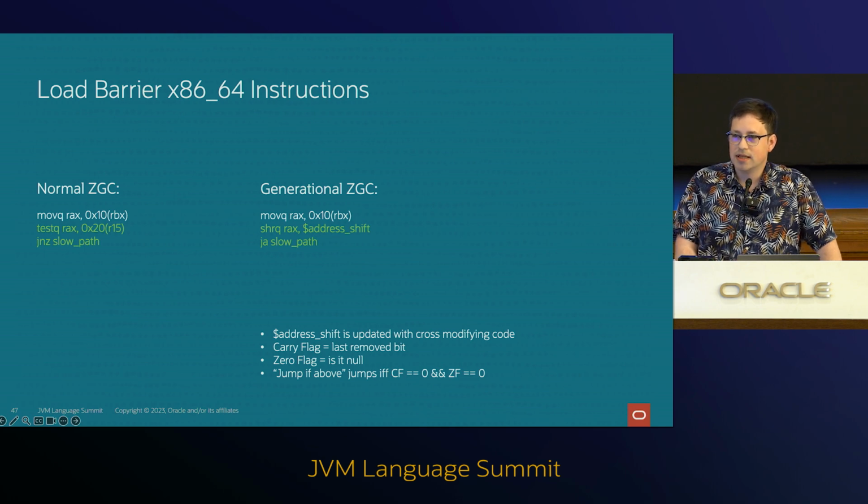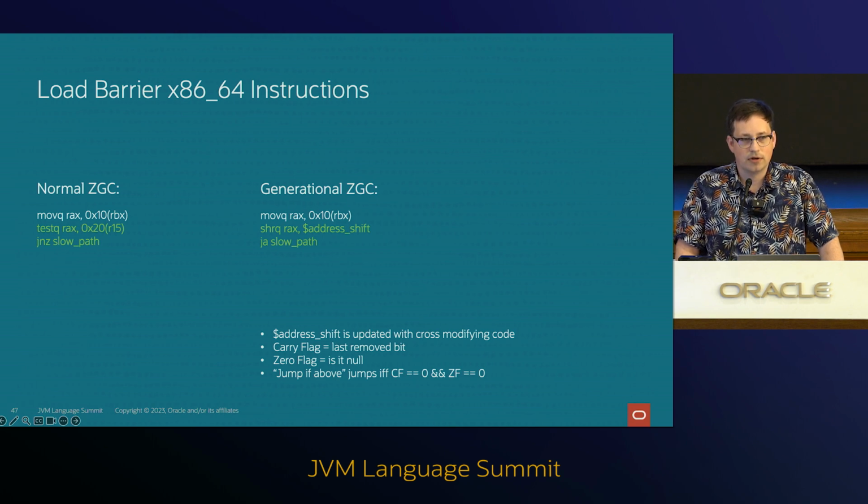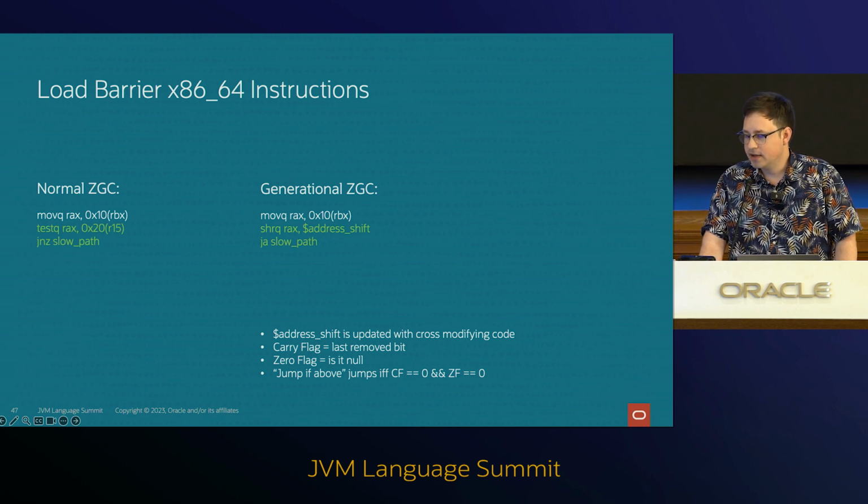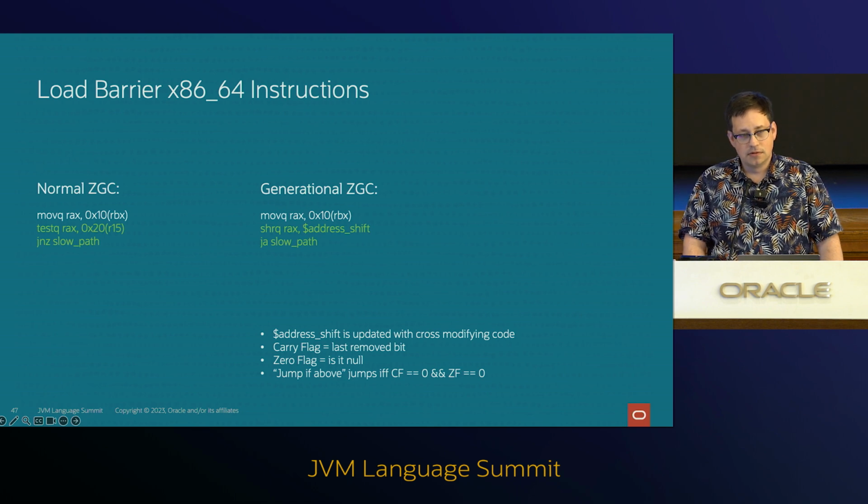So this perfectly captures the condition for a bad pointer. So we're essentially using the side effects of the shift right instruction to also produce a condition code that we can branch on. And this way, we could get away with having a load barrier that's 2 instructions that does more. And on the left-hand side, you see that we also had 2 instructions there, and we still have 2 instructions.